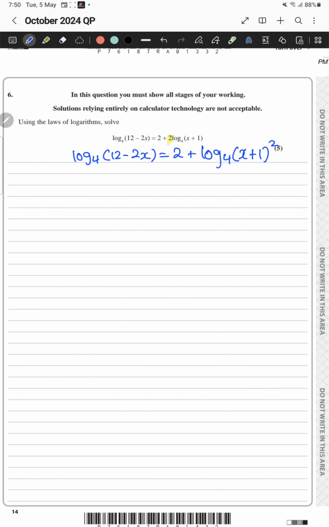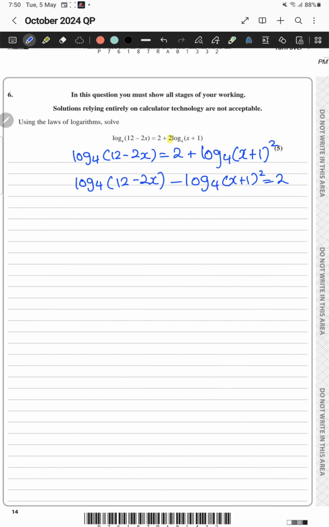Whenever anything is written outside, I can write it as a power of 2. This is a law of logarithm that I'm applying. Now, since I have to write into a single logarithm, I'm going to do log base 4 of (12 minus 2x) minus log base 4 of (x plus 1) squared is equal to 2.